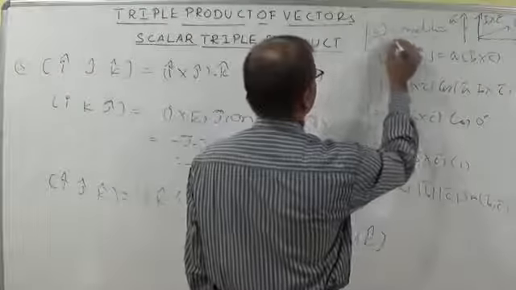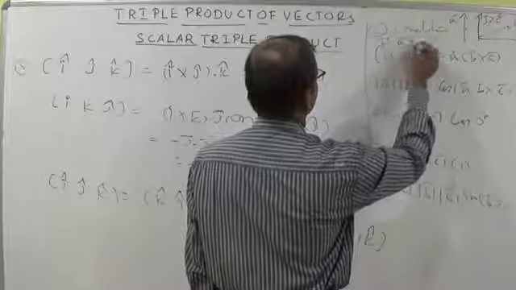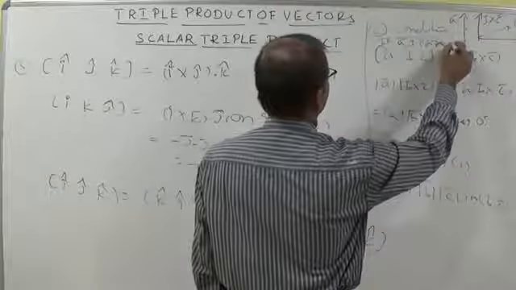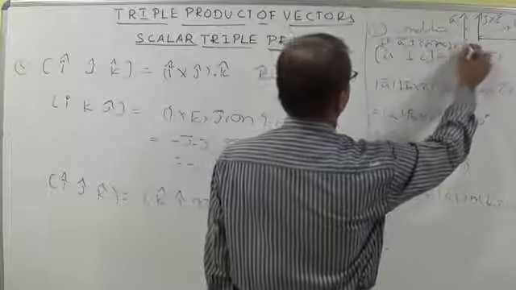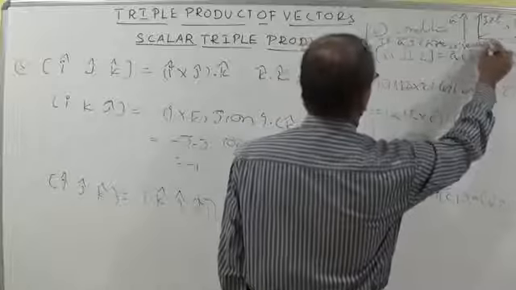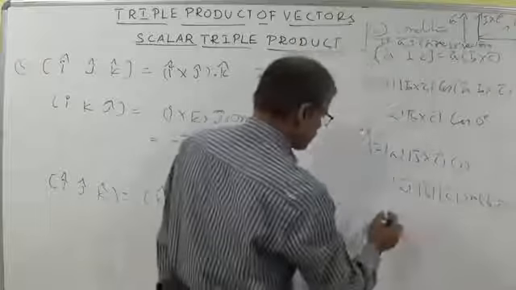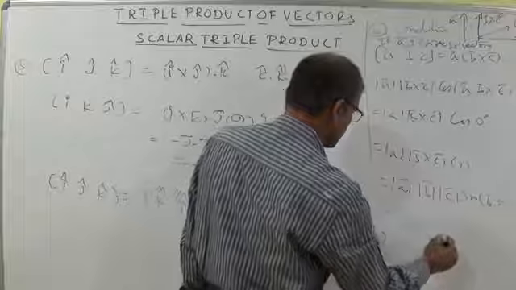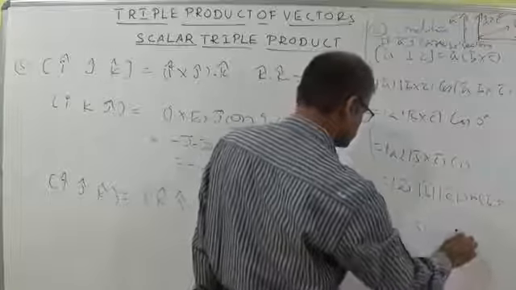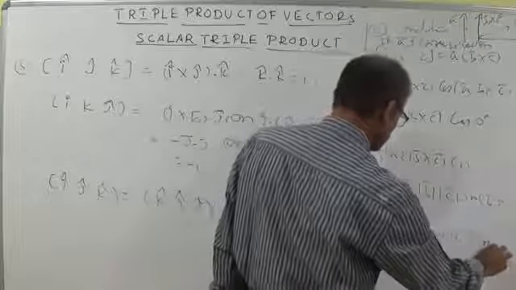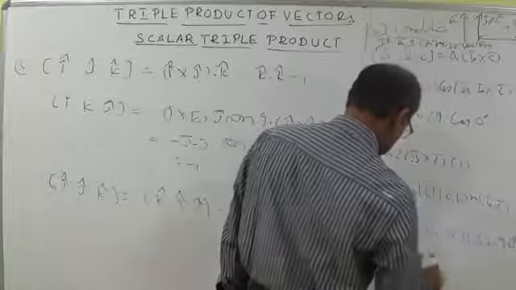Whenever B and C are perpendicular vectors, I am discussing mutually perpendicular vectors. If A bar, B bar, C bar are mutually perpendicular or mutually orthogonal, that implies you can write modulus of A into modulus of B into modulus of C into sin 90 degrees.